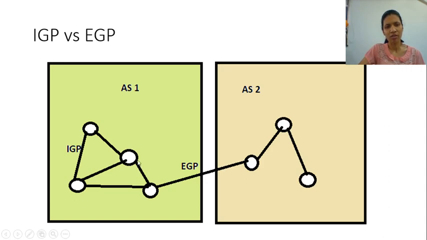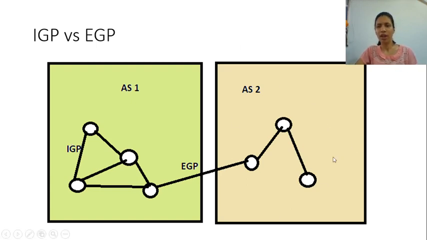If I have some network devices, and all of these network devices are administered by a common administrator, for example company ABC administering this network, that means these devices are all present under the same administrative control. Hence, they would belong to the same autonomous system.